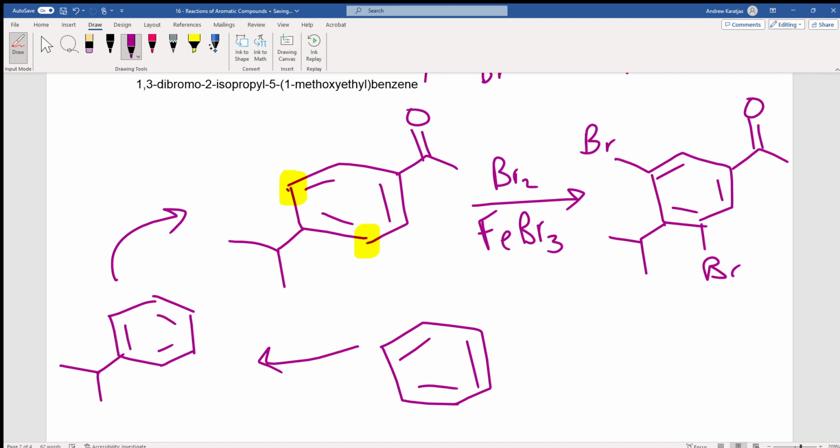So if I start doing this Friedel-Crafts with 2-chloropropane, I'll get the isopropyl group. The isopropyl group is an ortho-para director, which means I'm going to get substitution at each of these positions.